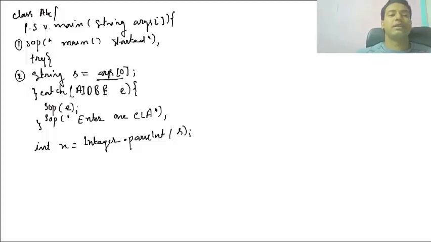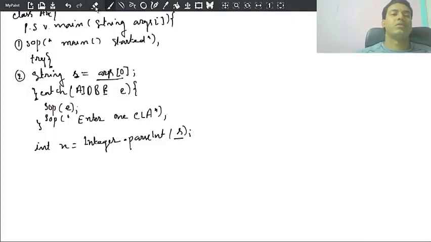Now if I declare s here, then it becomes a local variable for this try and catch, so it will not be accessible at this point, right? So I have to put the s outside so that it can be accessible throughout the main method. So this s I will not declare here, I will declare it outside.